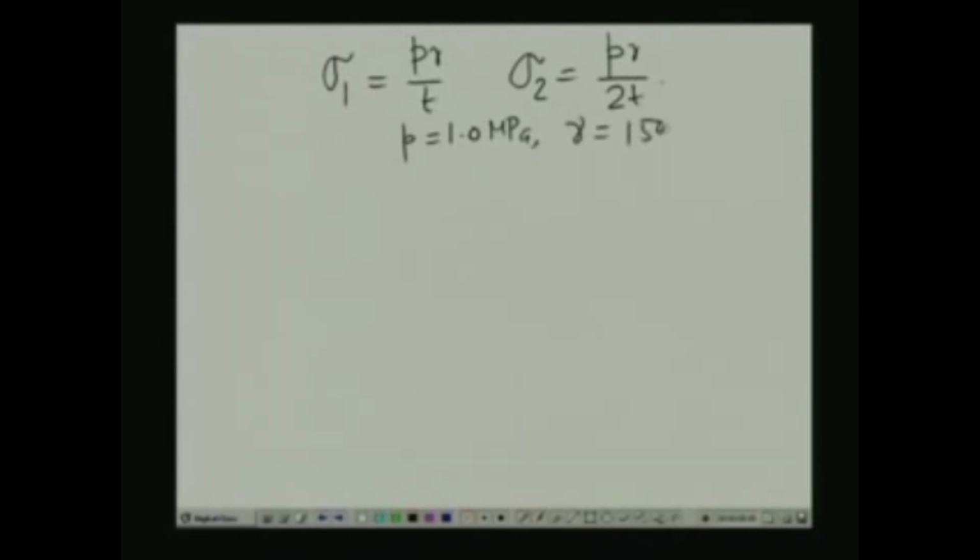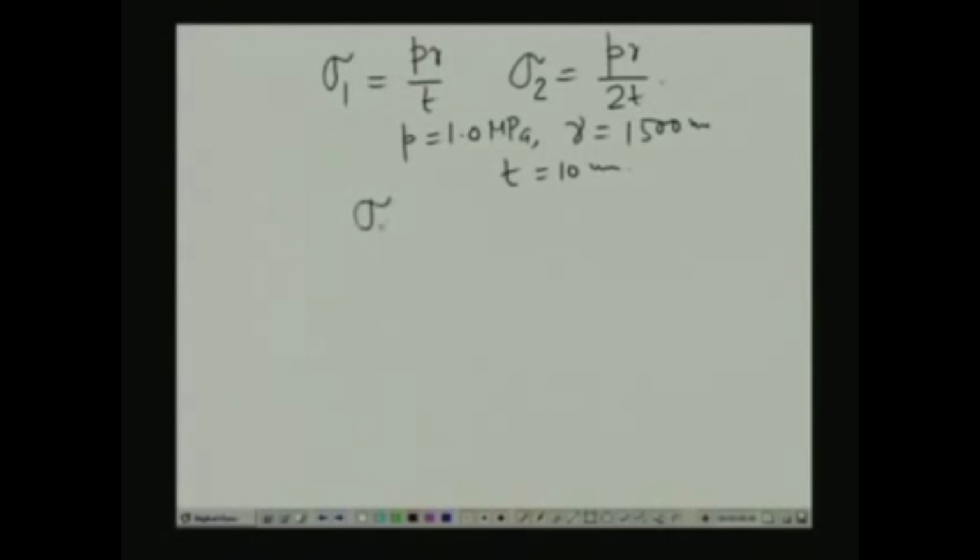As we have seen, the circumferential stress sigma 1 is equal to P r by t, and the longitudinal stress sigma 2 is equal to P r by twice t. Here P is given as 1 MPa, r is given as 1500 millimeter, and t is 10 millimeter.